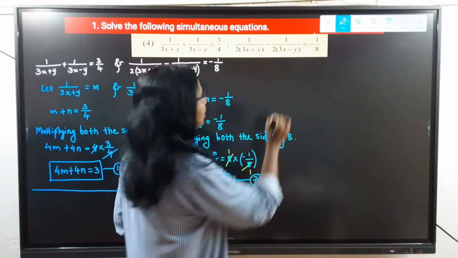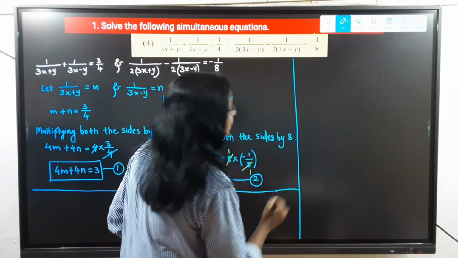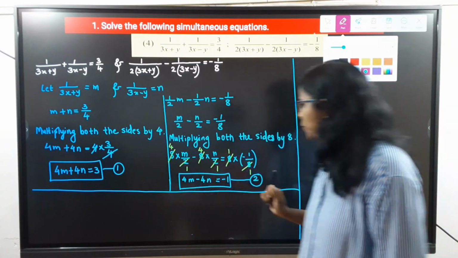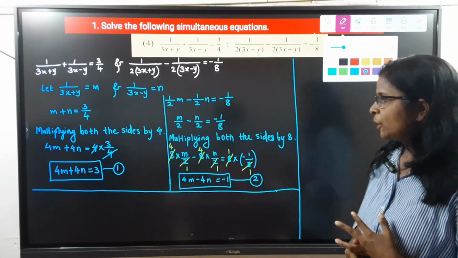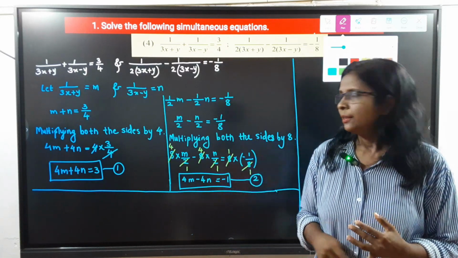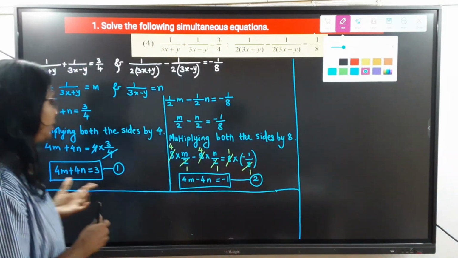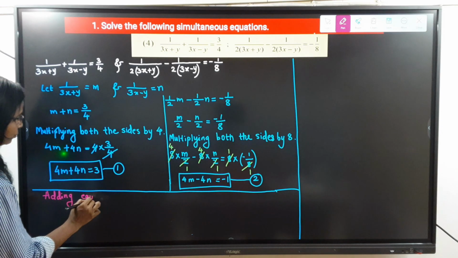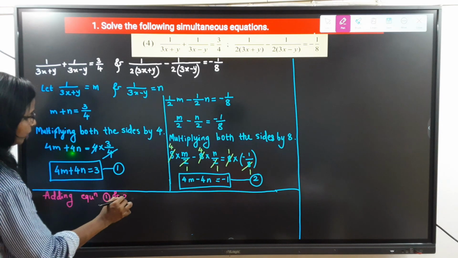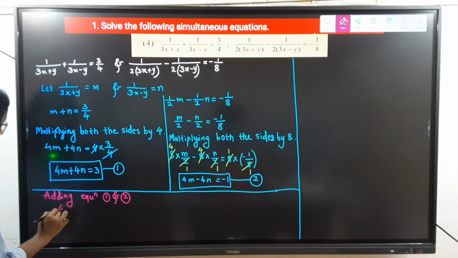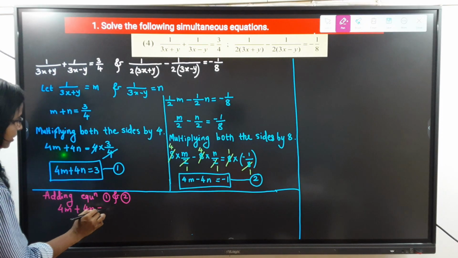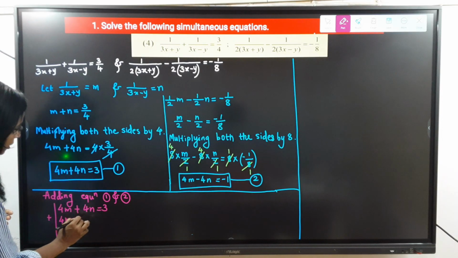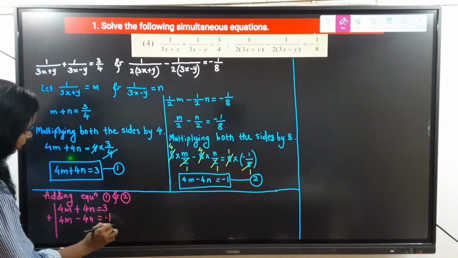Now we have the first and second equations. Carefully observe these equations, students. We can say that first we add these two equations. Adding equations 1 and 2: 4m plus 4n is equal to 3, plus 4m minus 4n is equal to minus 1.